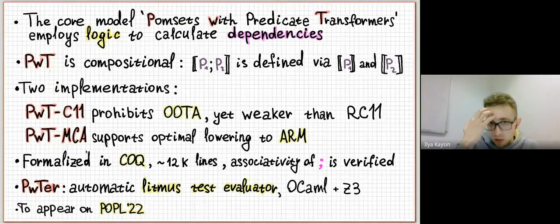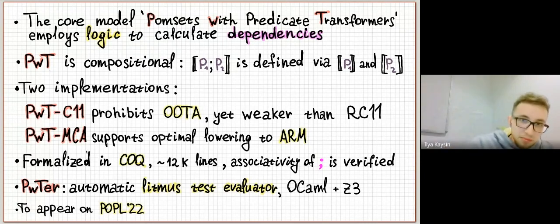This model was also formalized in Coq, and we proved some essential properties of this model, for example, associativity of semicolon. And currently we are proving the correctness of compilation of this model to IMM. And also our colleagues from the University of Kent developed a tool called Pewter.